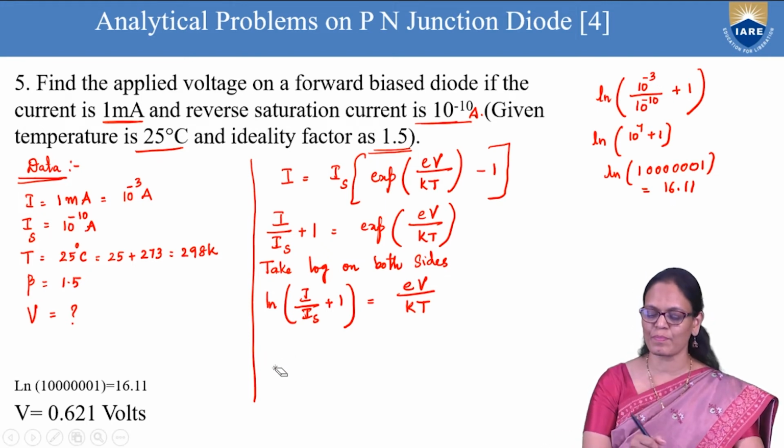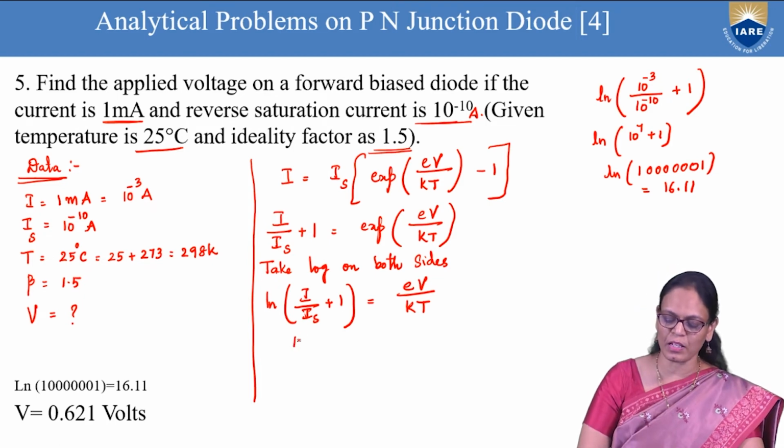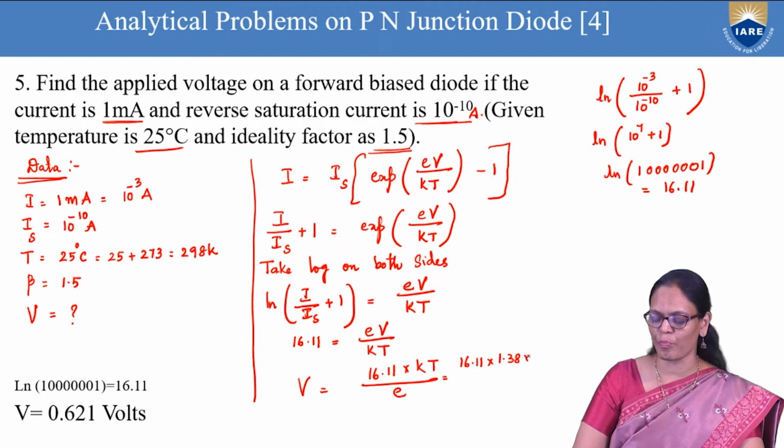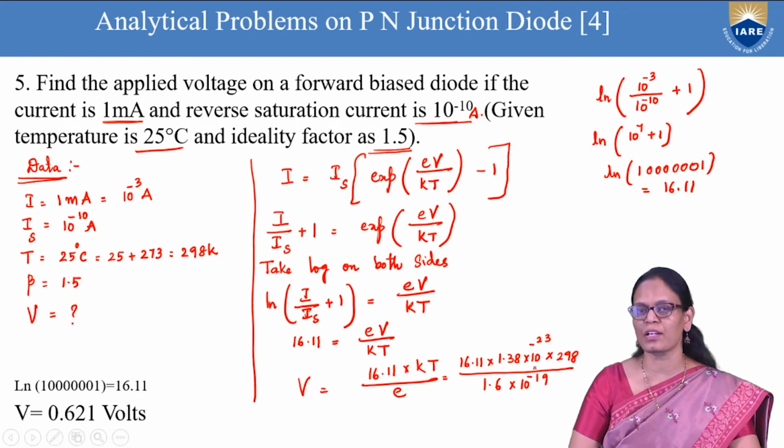So we can directly substitute the value here. 16.11 is equal to eV by kT. So what will be the value of V now? 16.11 into kT by e. I'll write it as 16.11 into the value of k, 1.38 into 10 power minus 23, and the temperature 298, divided by 1.6 into 10 power minus 19, the charge of the electron.